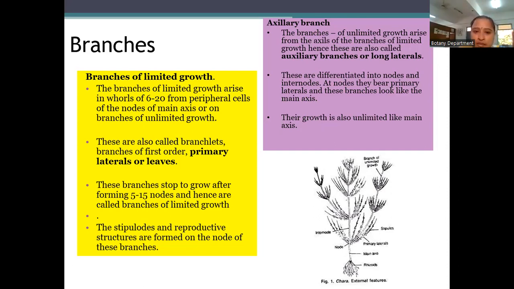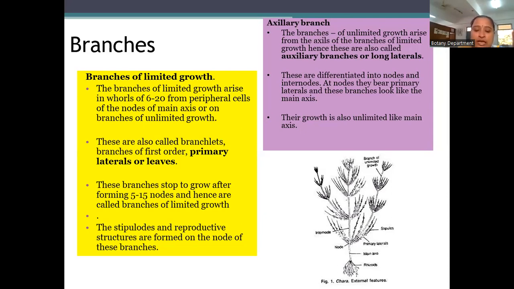Here, in limited growth, a row of 6 to 20 peripheral cells is there at the node. These are also called primary laterals or leaves. These branches stop growing after forming 5 to 15 nodes, and hence are called branches of limited growth.